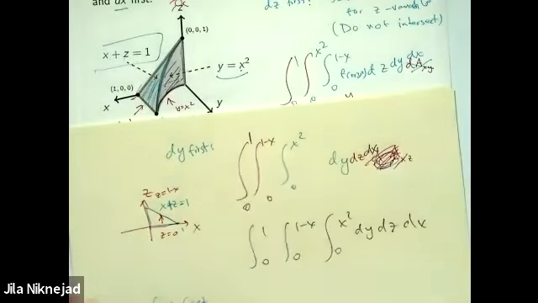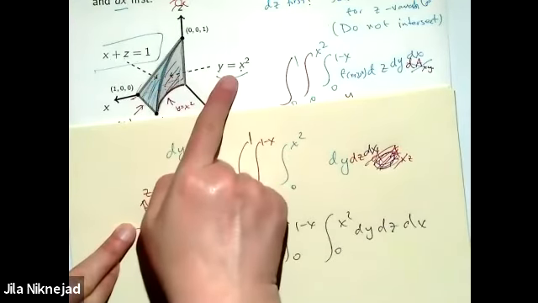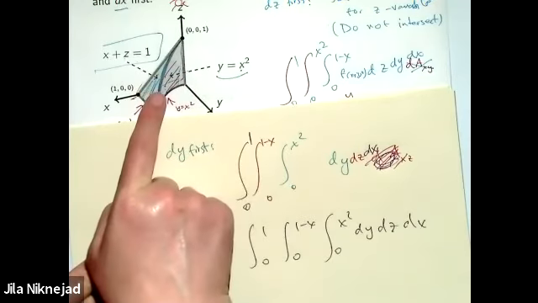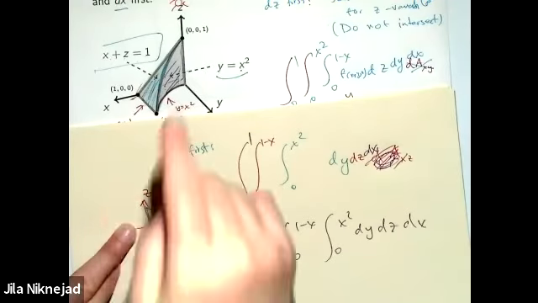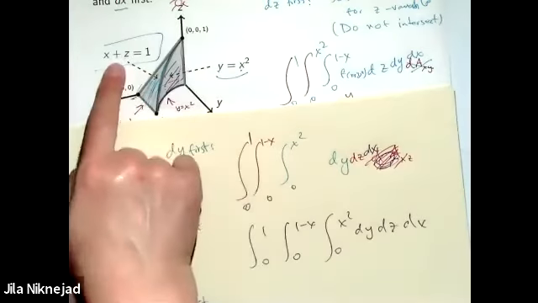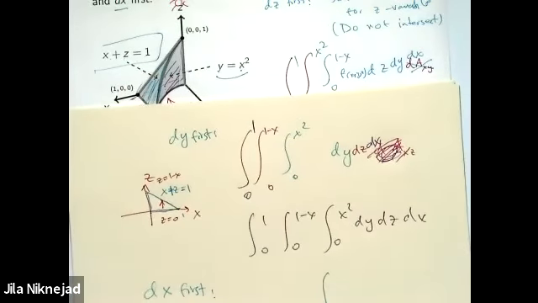If I draw an arrow in direction x, it hits y equal to x squared first, and then hits x plus z equal to 1. So there are two surfaces bounding x. In the x direction, x is between square root of y and 1 minus z.